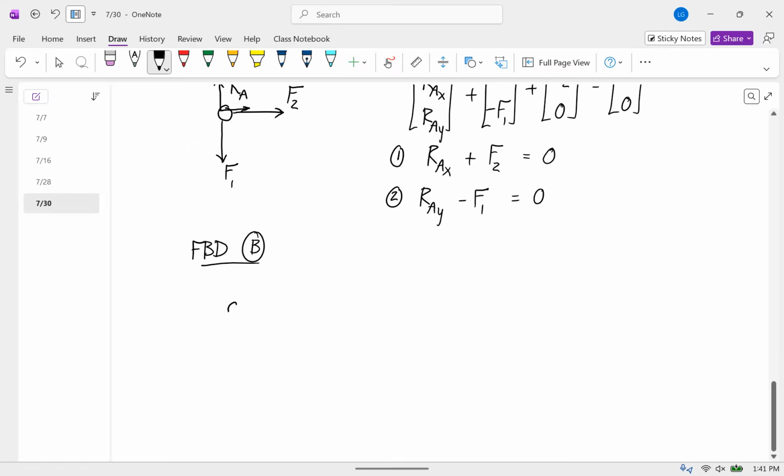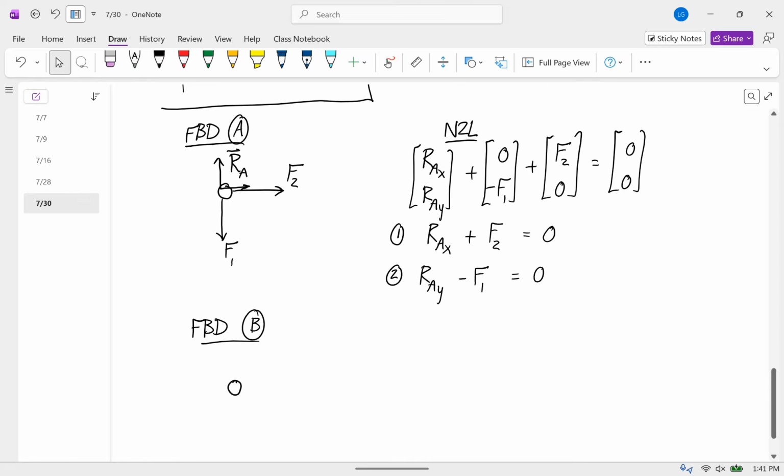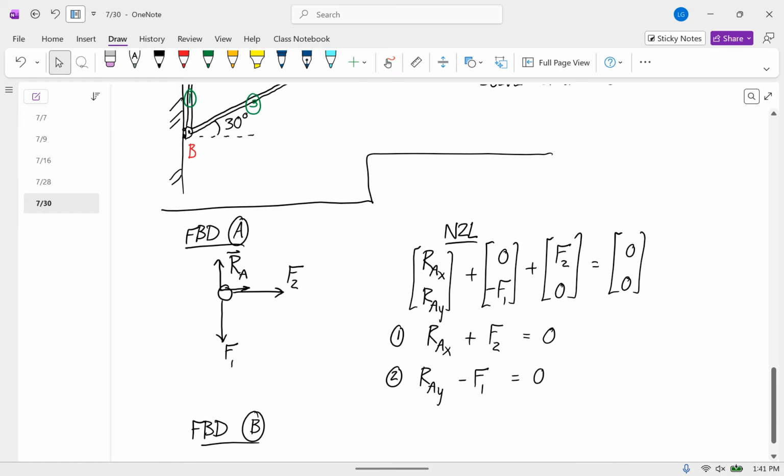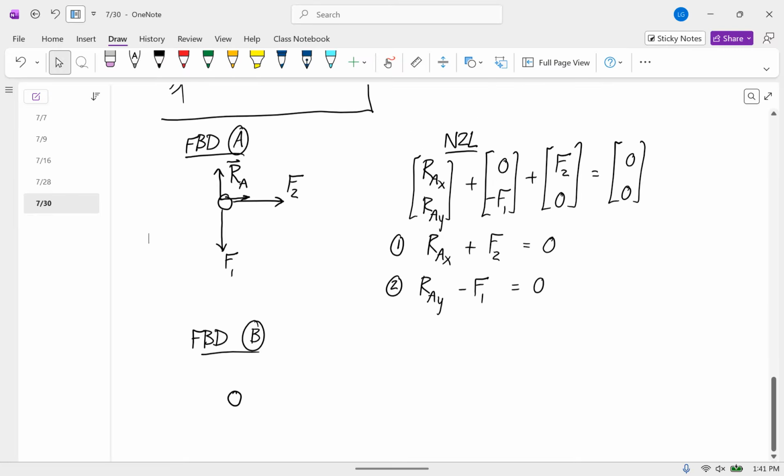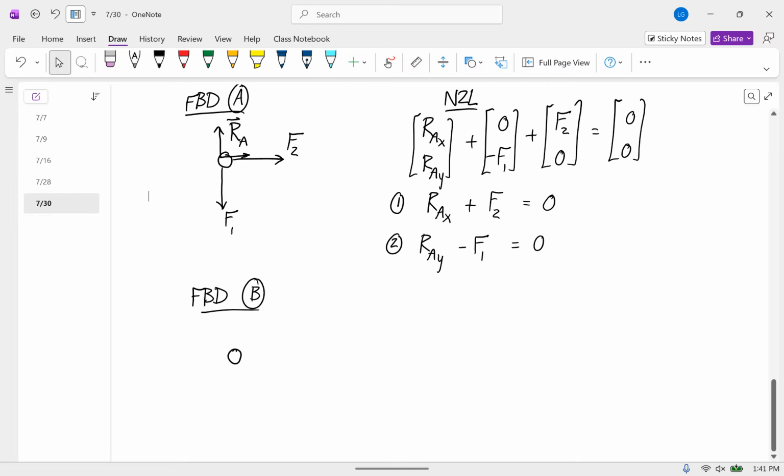And again, my isolated body is that pin that's connecting the roller and connecting those two members together. And we'll think about the loads that are applied. Well, first, we're going to assume that member 1 is in tension. So notice that this time that force F1 would be going this way. We're just following the rules of cable tensions, parallel to the cable, away from the body. So our F1 goes this way.